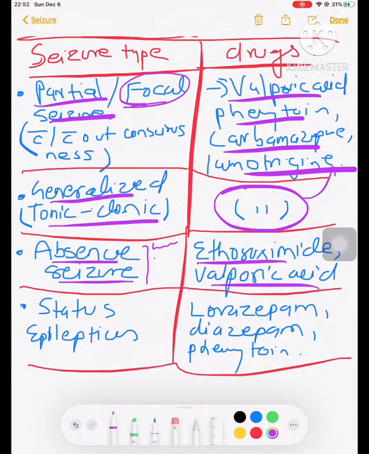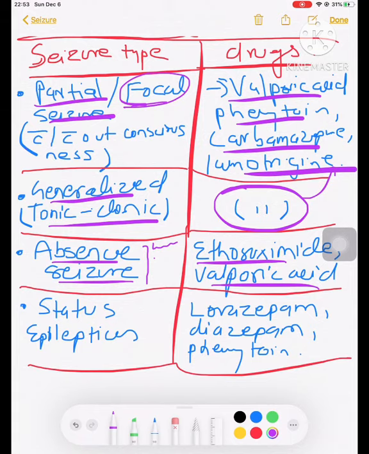So the last seizure type is status epilepticus, means the epileptiform activity or the seizure activity is going on for a prolonged time. Okay, means the person can have a seizure now, the seizure activity will subside for some time, and then again seizure will occur, but the person will not recover consciousness in between, or the seizure activity is continuously occurring for some period of time.